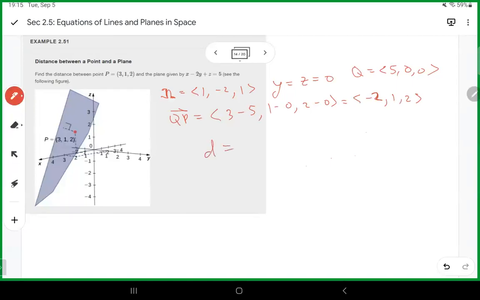Say distance. I'll write it down. QP times n over the magnitude of n.